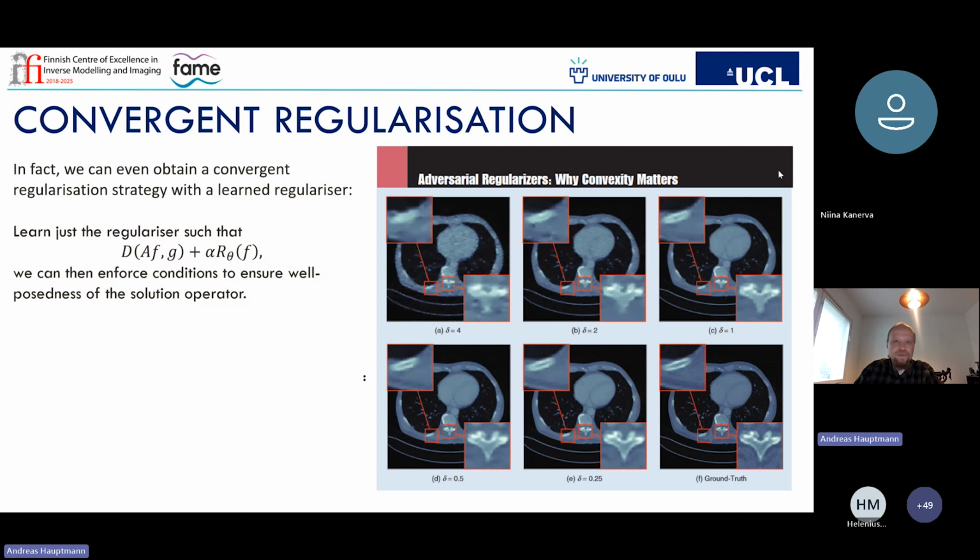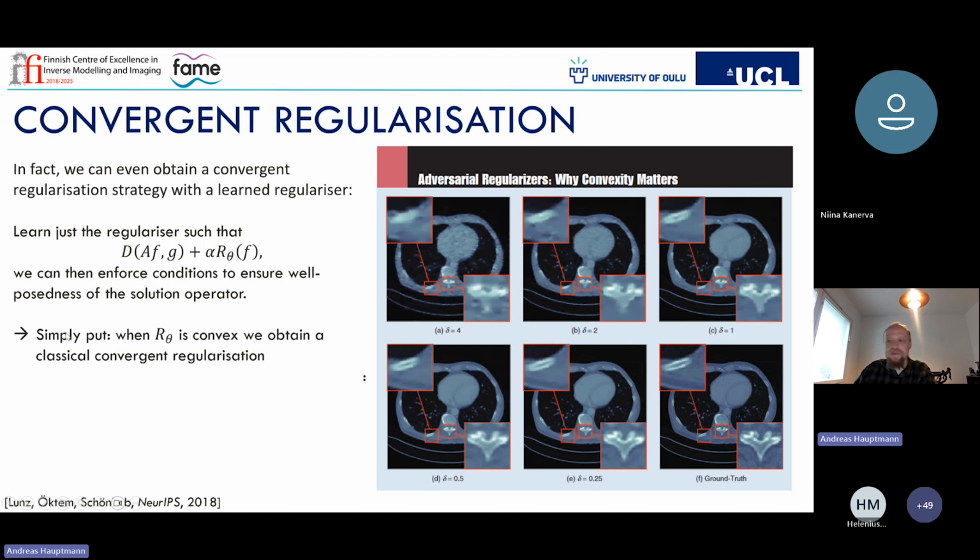So here we have convergent regularization. It means that in this context, we are only learning a regularizer. Learned or convergent regularization means that when the noise level goes to 0, so what we have here on the right, the noise level gets smaller and smaller, we are converging, in fact, not to the ground truth, but to something close to the ground truth, the so-called R-minimizing solution. So it needs to be a solution of the operator equation. There are a few approaches that can do this. One simple approach is to learn this regularizer to be convex.